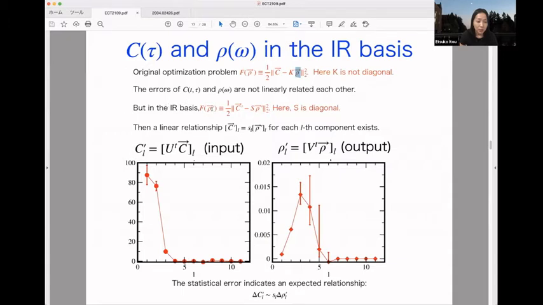But in the IR basis, the cost function is given by C prime minus S rho prime, and here S is a diagonal matrix. So each component of C prime and rho prime is linearly related. We expect the statistical error to satisfy this equation, and actually our data also almost satisfies this expected relationship.